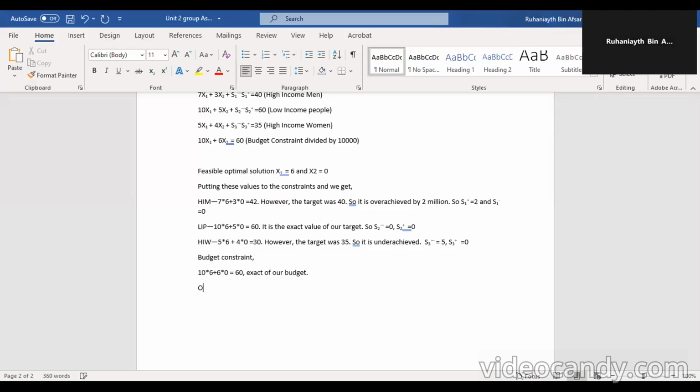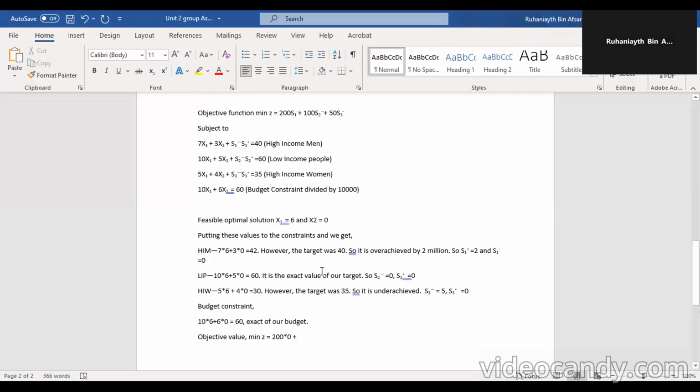Now if we want to find the objective value, z is equal to 200 into 0 plus 100 into 0 plus 50 into 5, which is equal to 250.